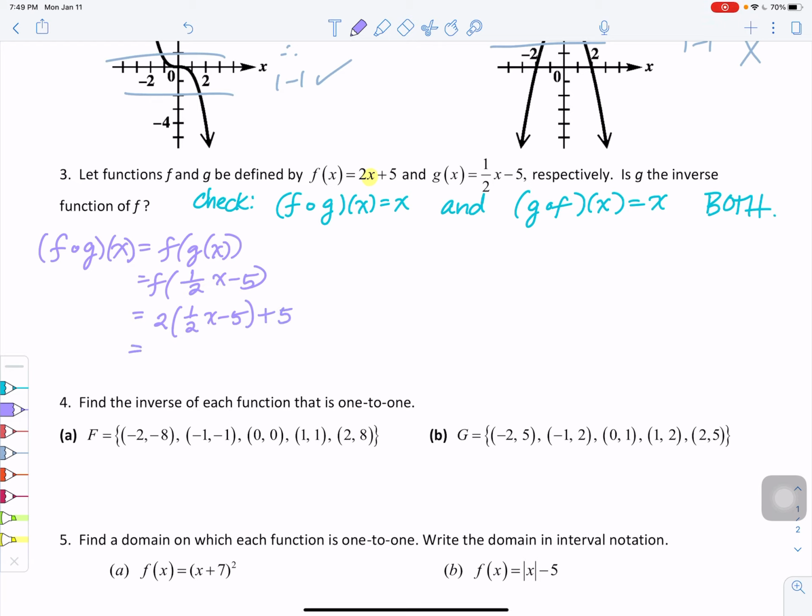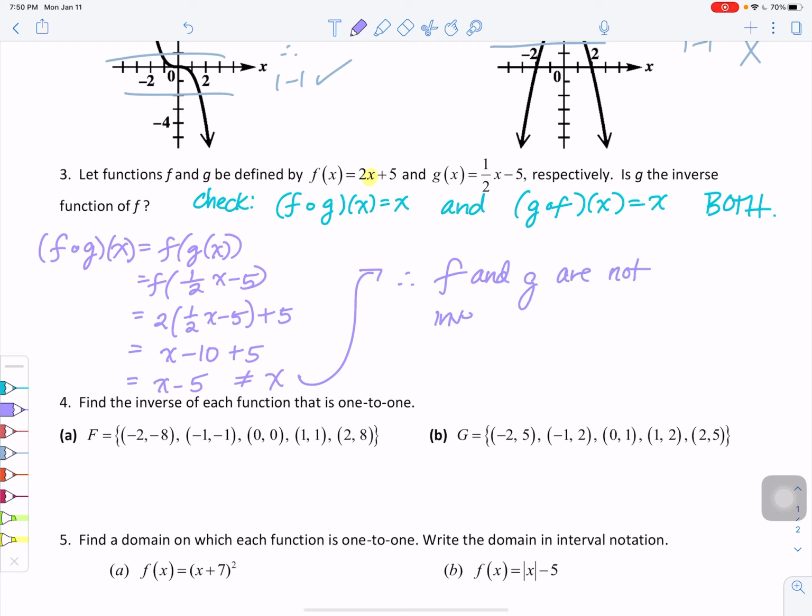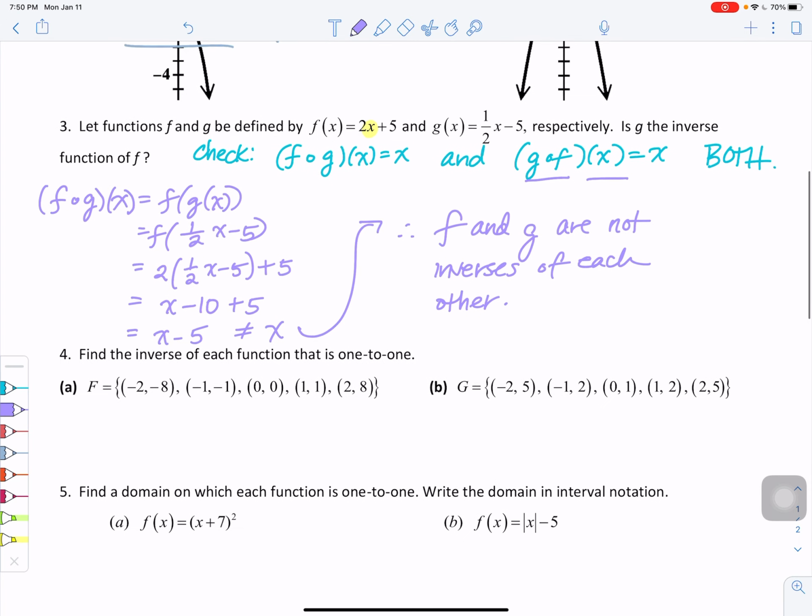And we get 1x minus 10 plus 5, and we'll get an x minus 5. That is not equal to x. Therefore, f and g are not inverses of each other. There's no need to check g composed with f of x, since both of those have to be true.